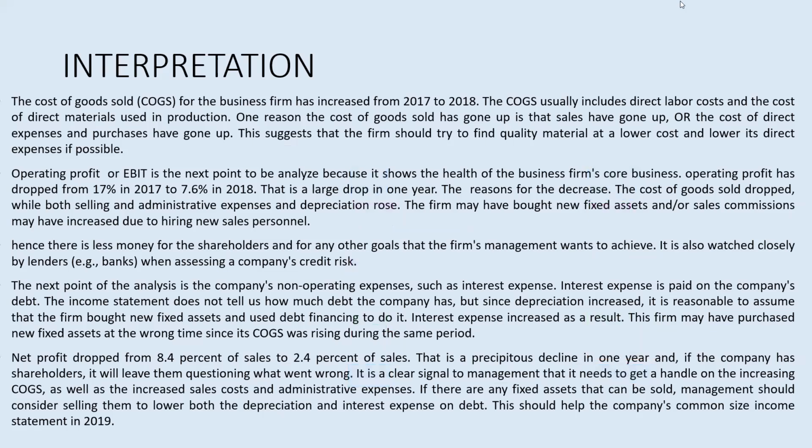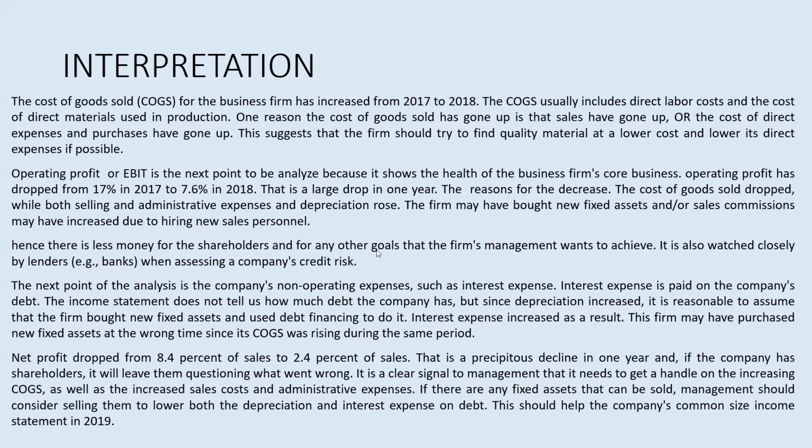The cost of goods sold for the business has increased from 2017 to 2018. The cost of goods sold usually includes direct labor cost and direct material cost used in the production.